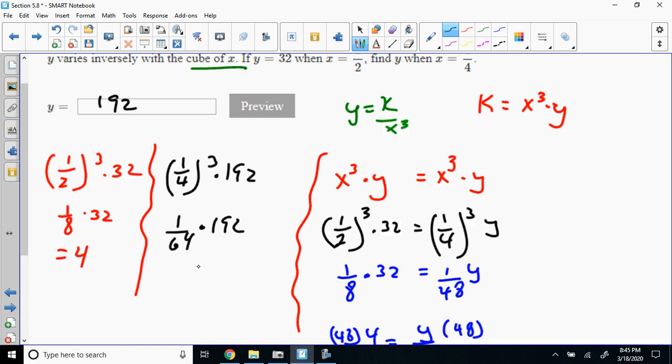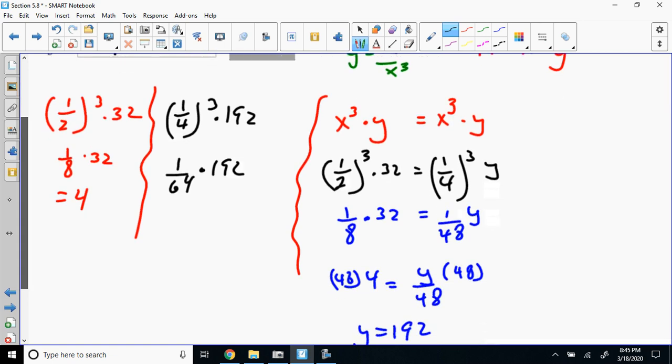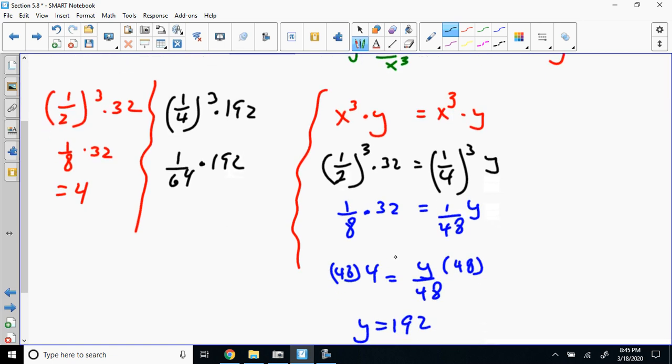Okay, so 4 times 4 times 4 is 64. Where did I go wrong? Reciprocal of that, 48 times 4. Did I do that wrong?